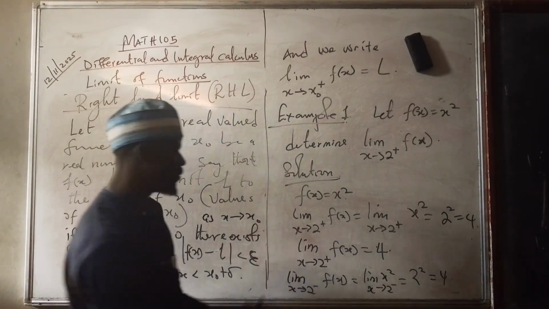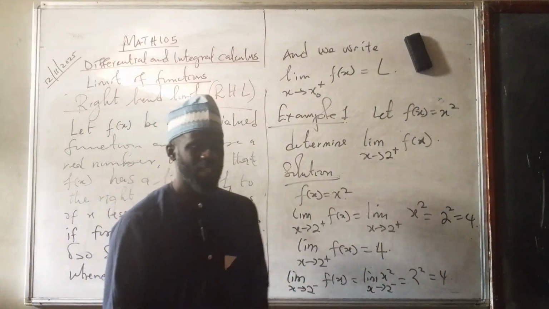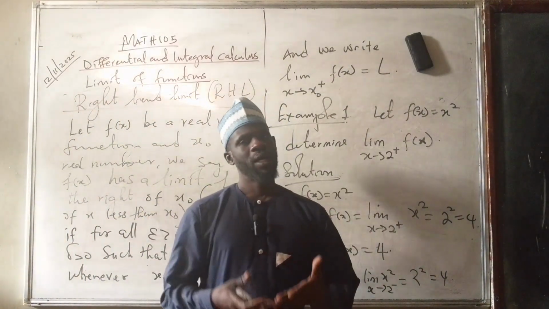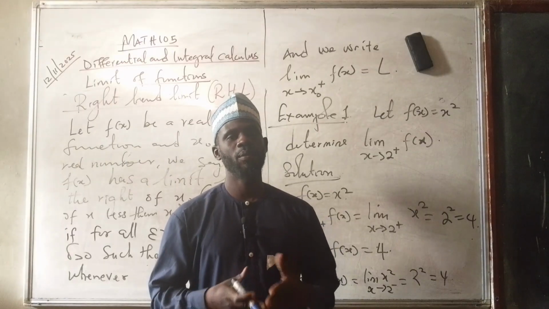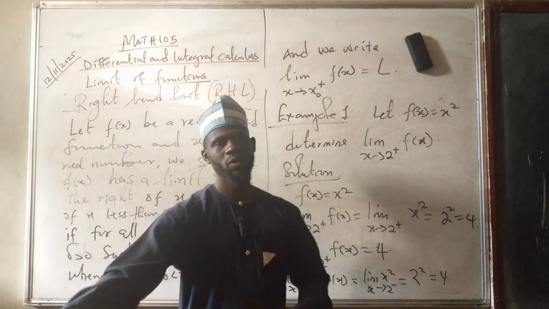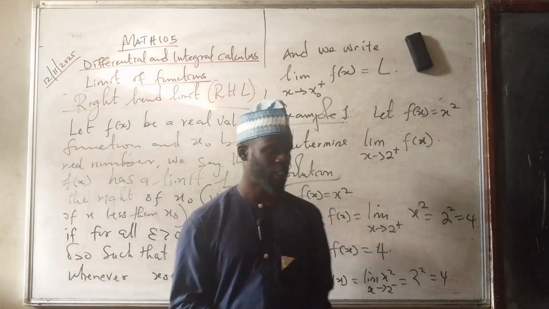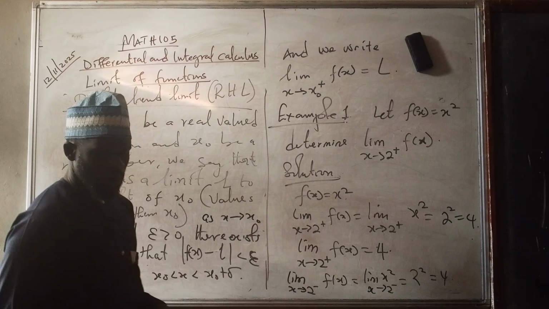So you see that the limit to the left is equal to the limit to the right. And in general, if you have a polynomial function, the limit to the left is equal to the limit to the right, and that is the actual limit of that function. Okay.